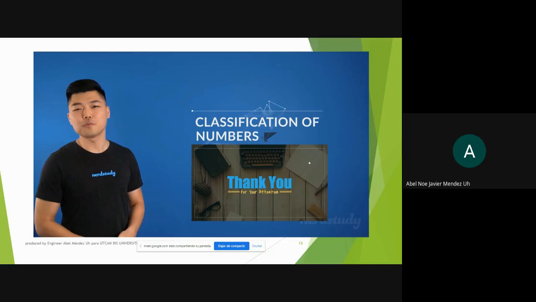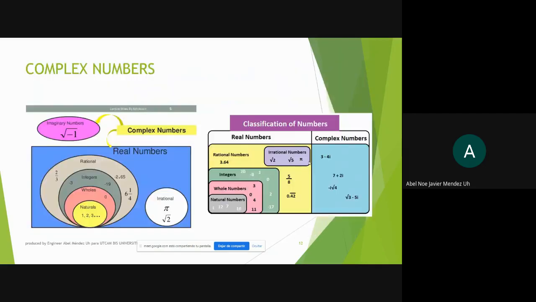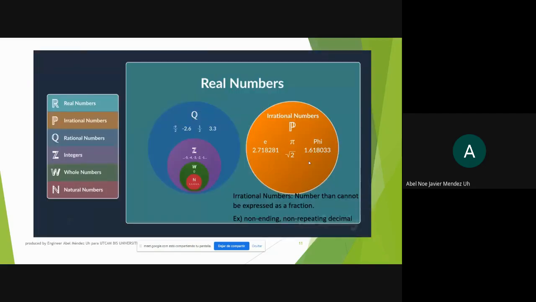We need to do a review of the classification of numbers. Okay, if I say a number, I can ask you and you need to give me the classification.